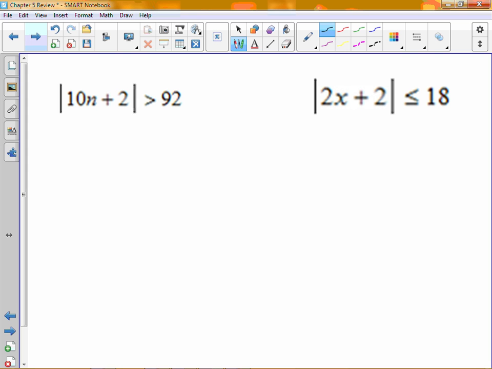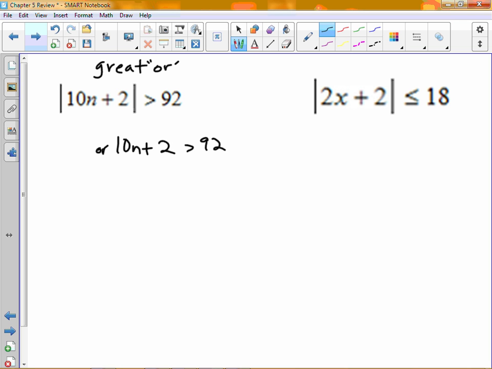And remember that we said the deal with absolute value inequalities is all based on what the original problem says. Because the original problem says greater than 92, you write that greater than 92 on the right. I tried to get you to see that this was a great "or" problem.